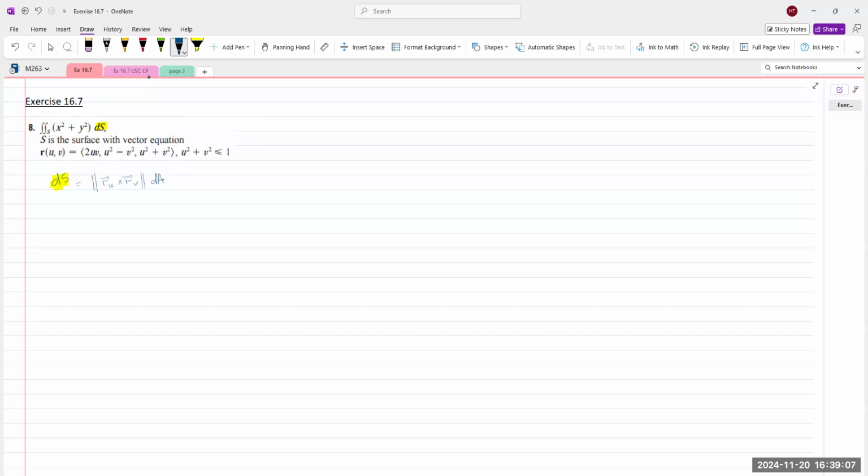So this ds is in terms of x and y, right? But if you want to change the domain in terms of uv, we need to multiply by this guy here.